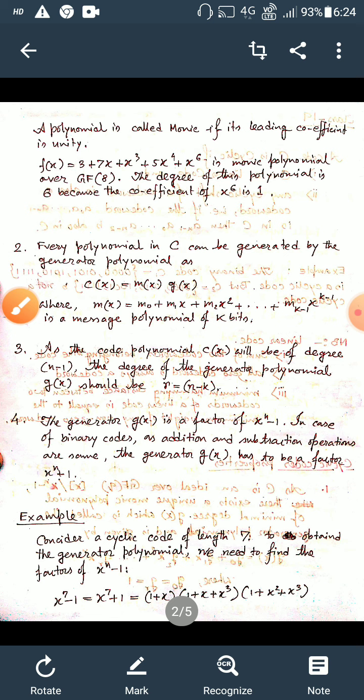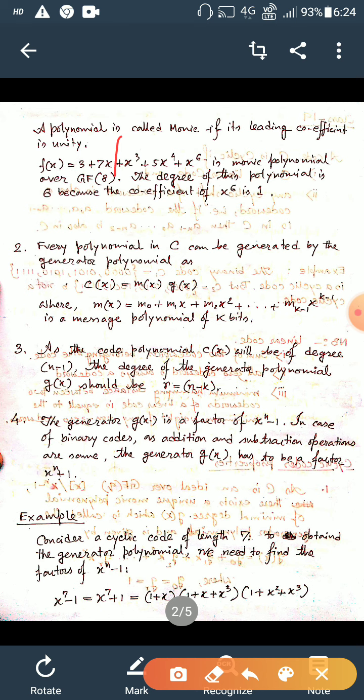If you consider where 0 is present, for x square in this position, 0 into x square is given, and for x to the power of 5, this is plus 0 into x to the power of 5. So a 0 coefficient is also present here. So Galois field 8, the reason is that the coefficient for each element will be between 0 and 7.